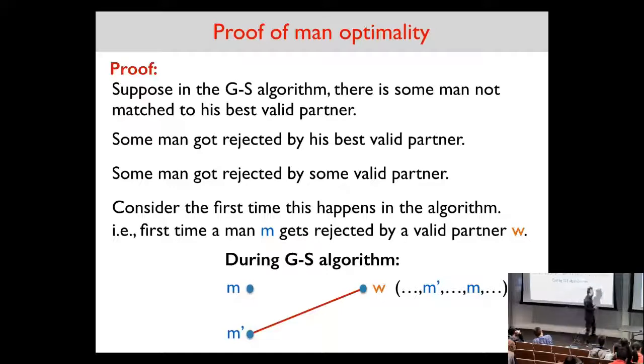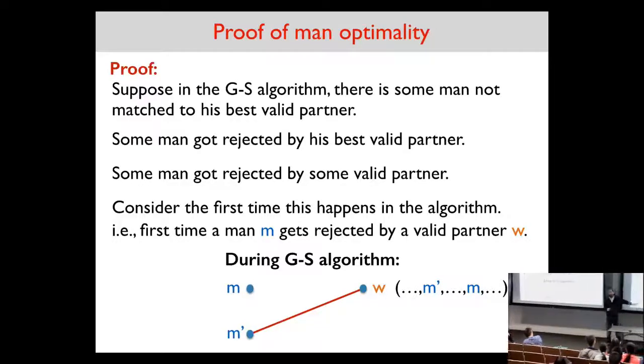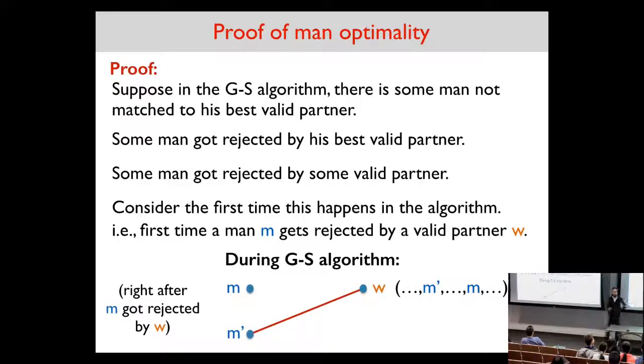Okay, so we look at the snapshot of the first time M is rejected by W, and at that point we know that W is now going to be matched with some M prime. Okay, and we know for sure that in W's preference list M prime is higher than M.